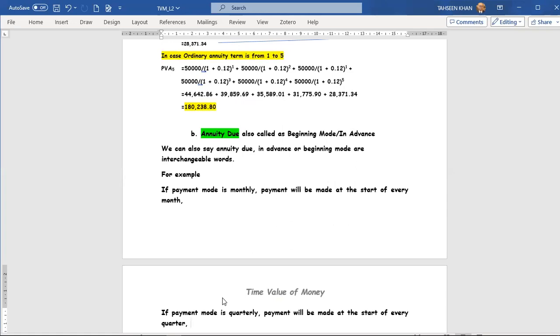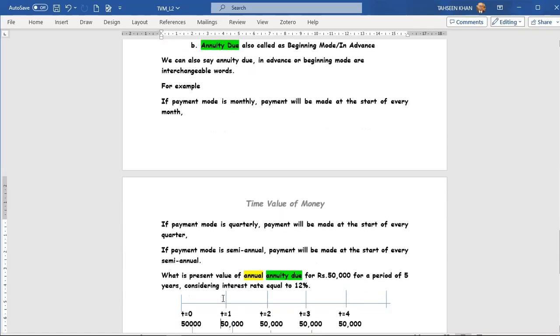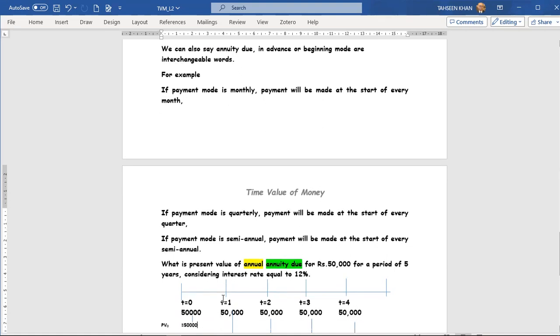In case the payment is made quarterly, payment will be made at the start of every quarter. If payment is made semi-annually, payment will be made at the start of every semi-annual period. Now here we have annual payments. What is the present value of an annual annuity due of 50,000 for a period of 5 years? Consider the interest rate is 12%.